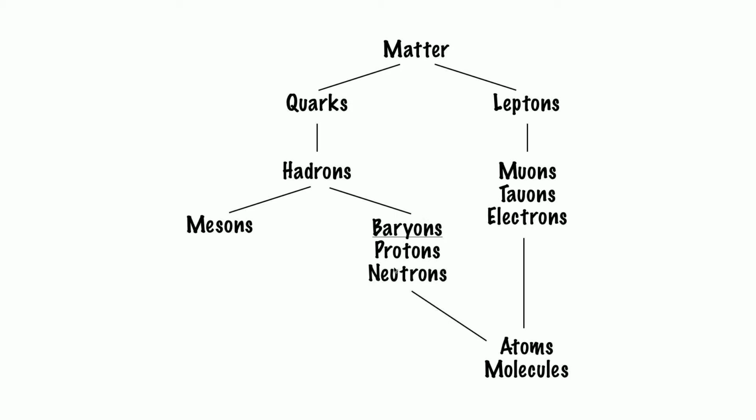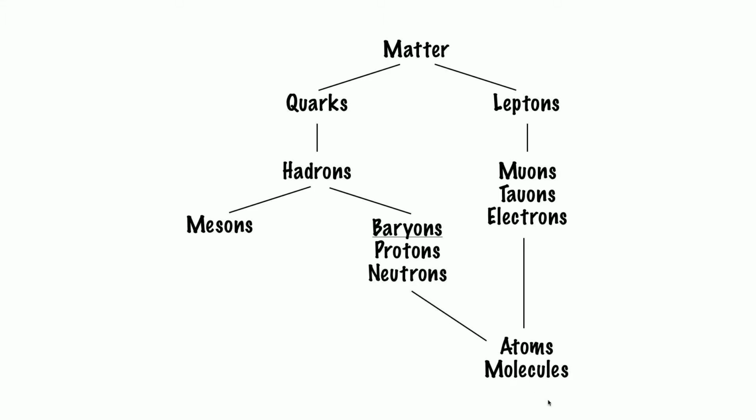Two members of the baryon family are protons and neutrons. So quarks come together, they form hadrons, and depending on how those hadrons form, we either get mesons or we get baryons. Leptons, which is the other branch, consist of muons, tauons, and electrons. And when these form with these, we get atoms and molecules.